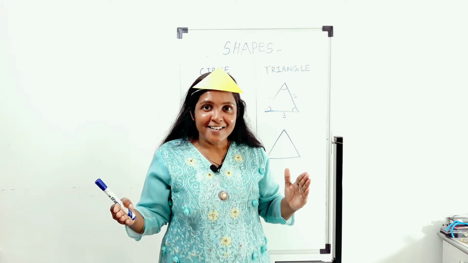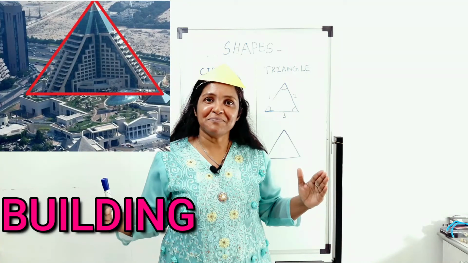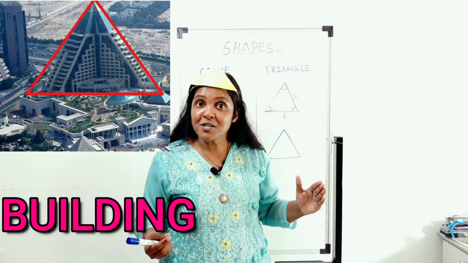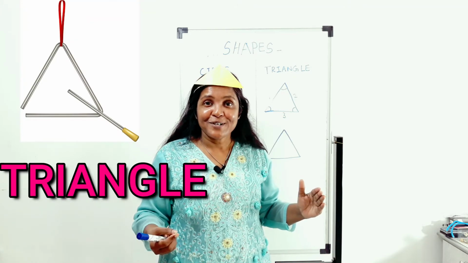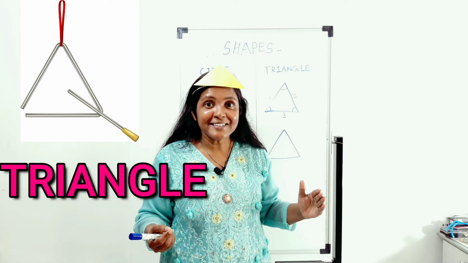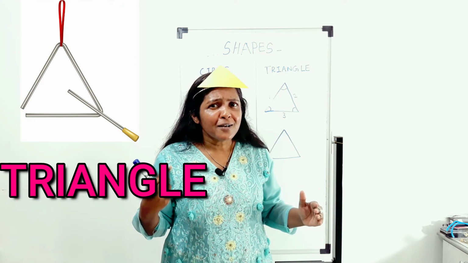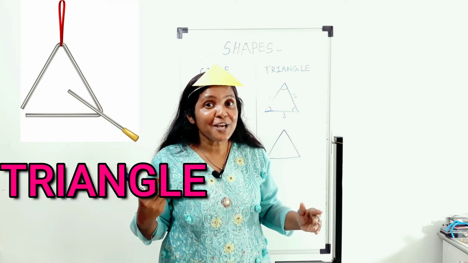Some buildings also are triangle shape. And there's a musical instrument called triangle. Do you know triangle? Do you like to listen to music coming from triangle? Okay, listen carefully.